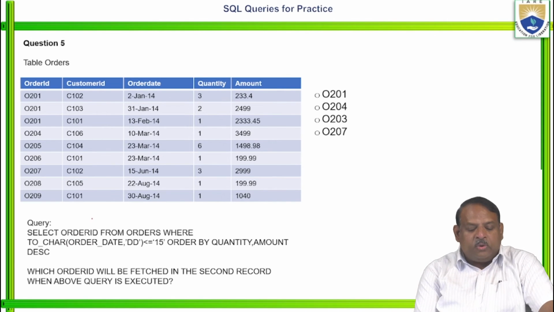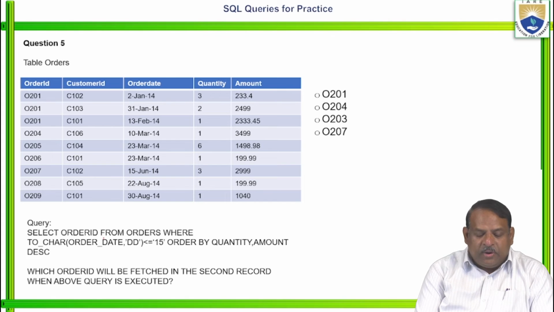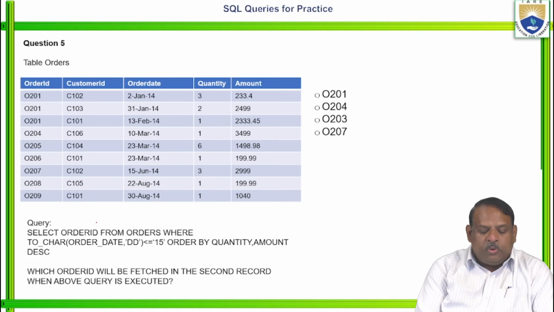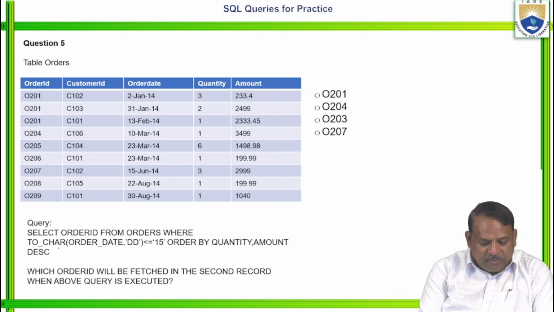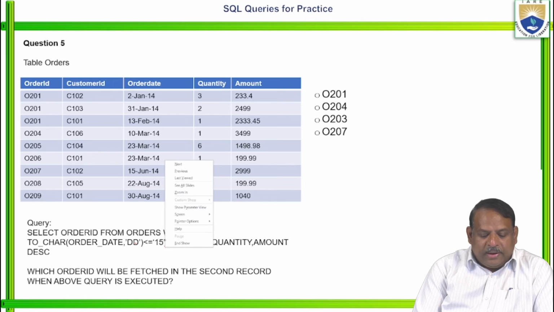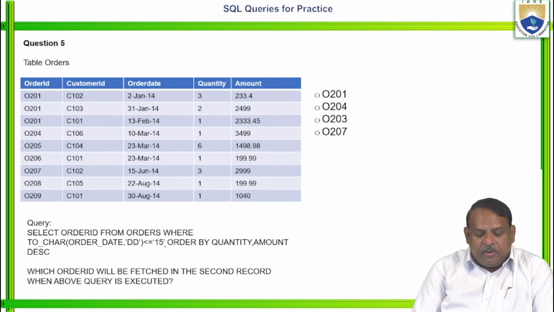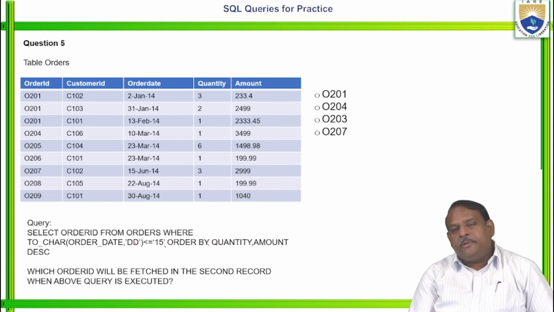TO_CHAR is a function to convert a given integer or a date to a character field. When converting the date to a string format, it should be less than 15, and ordered by quantity and amount descending. Again, you have to do a double sort.